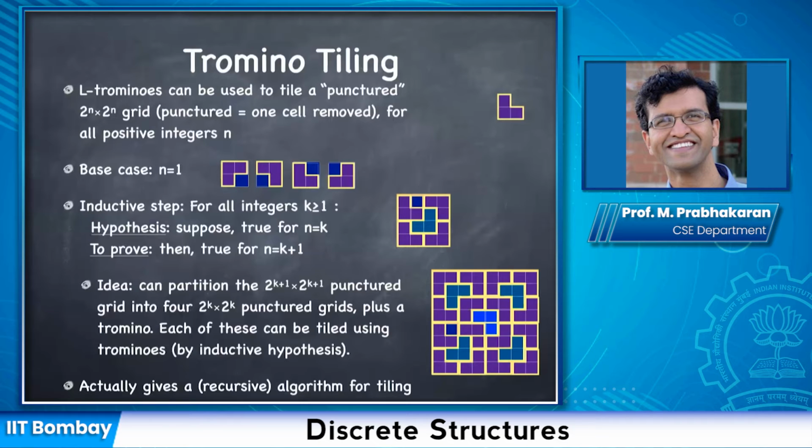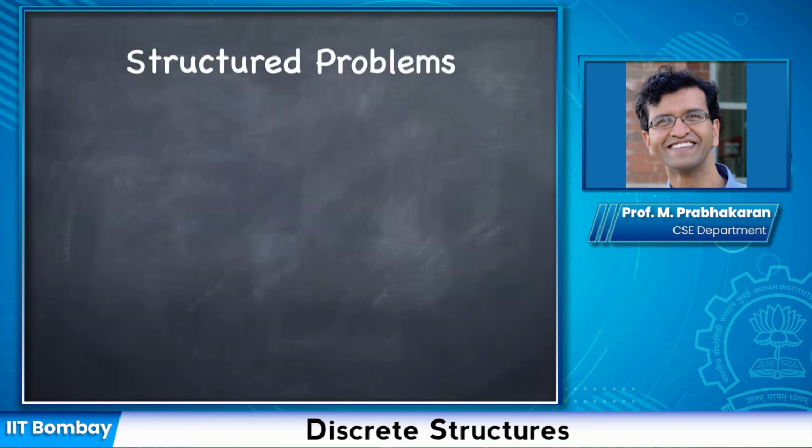But the point I wanted to make here with this example, among other things, is that it's a structured problem where you're not just talking about a property of numbers.